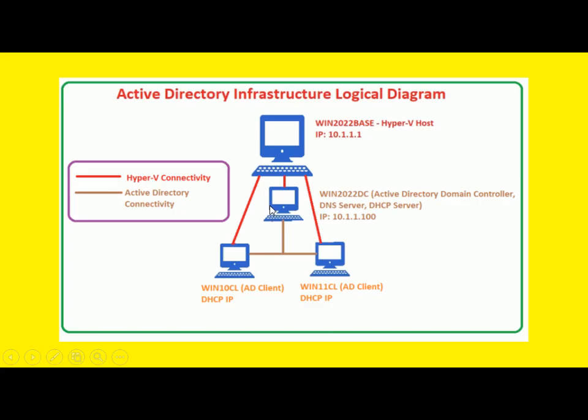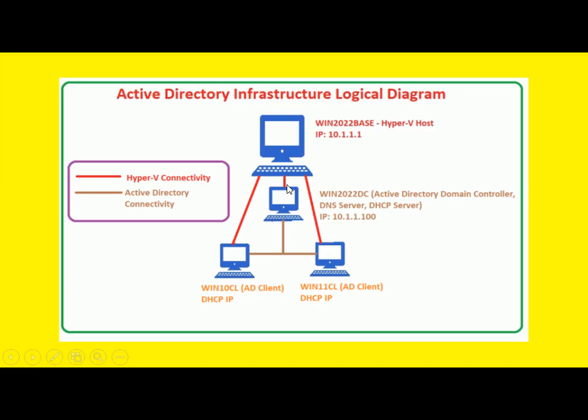Now for the connectivity part, the red line indicates that it's a Hyper-V connectivity. That means your hypervisor connectivity. So this machine WIN2022 base will be Hyper-V host through which we will be creating these 3 virtual machines.